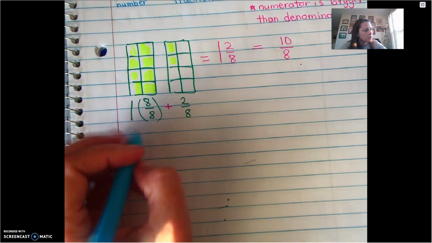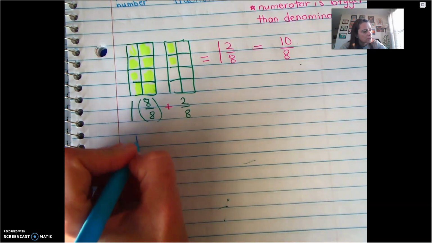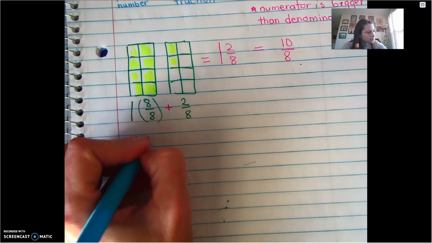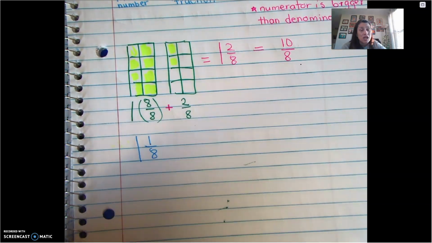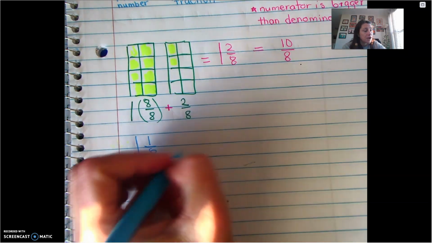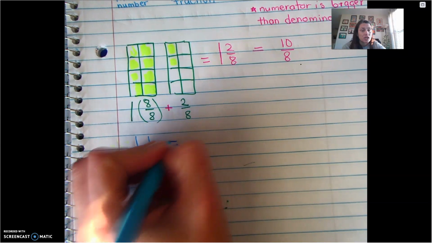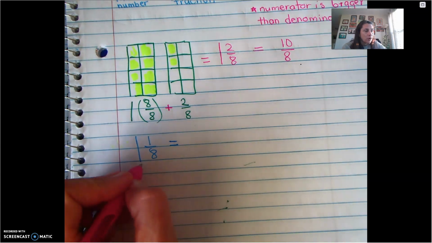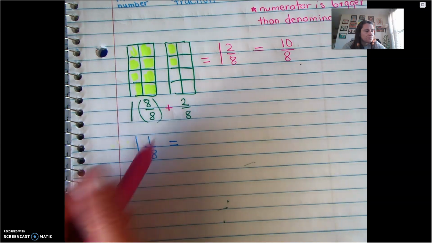All right, so we're going to do 1 and 1/8. Let's try it without a picture. Let's change it to a fraction bigger than 1. So the first step is you can draw a picture, or I'm going to show you with the math terms. We know that the 1 is equal to what?